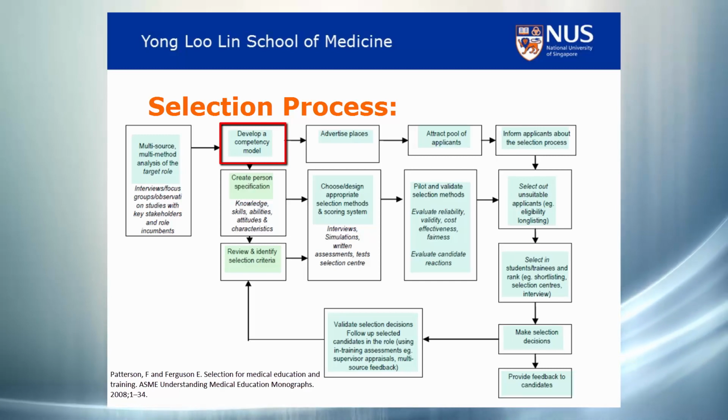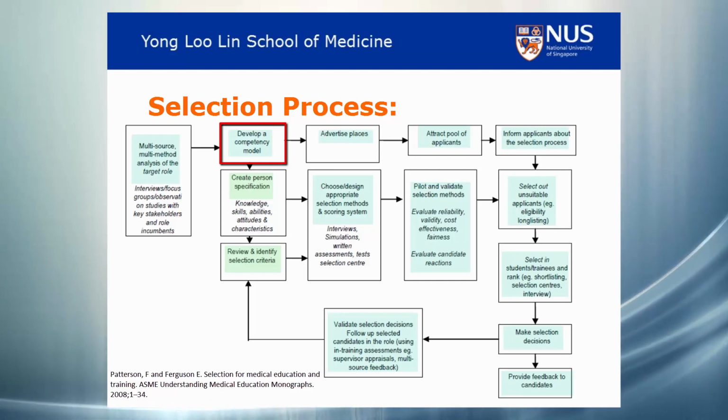And once you identify, as a school or a system or a health care institution, the cognitive, the psychomotor and the affective domains of the proximal and the distal criterion, then you need to review and validate this data. So developing that competency model or construct is extremely important.